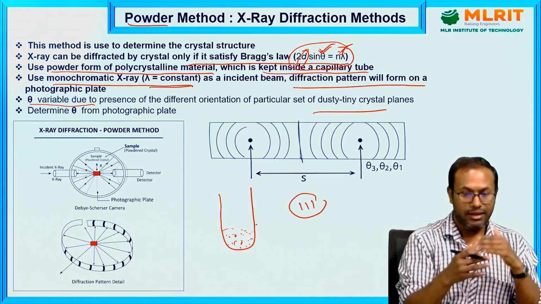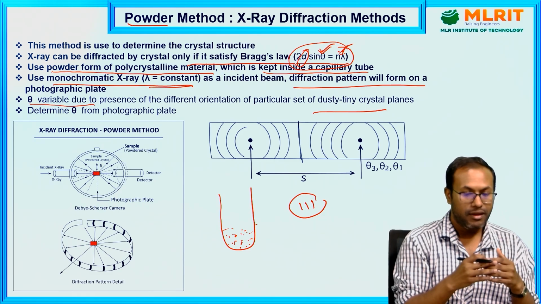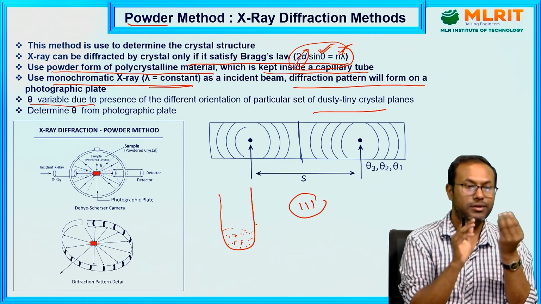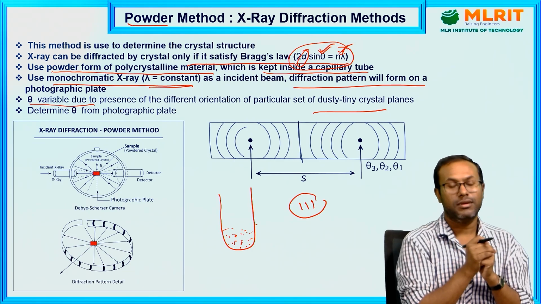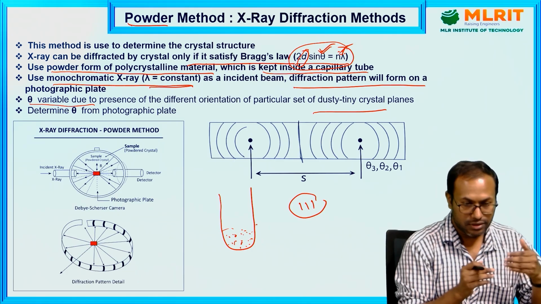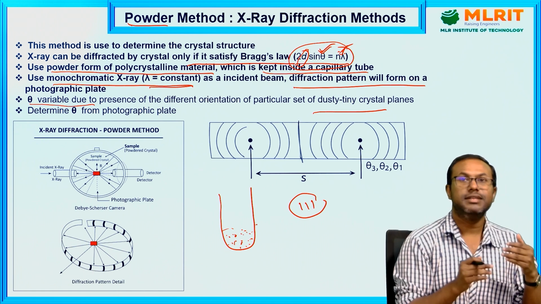Let me discuss once more how it is happening. Actually, due to the different orientations at different angles, diffraction patterns will be formed. Let me clarify this a little more.